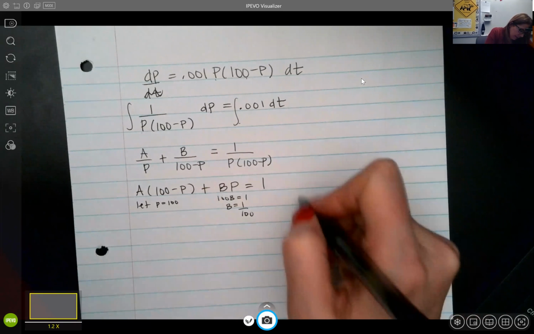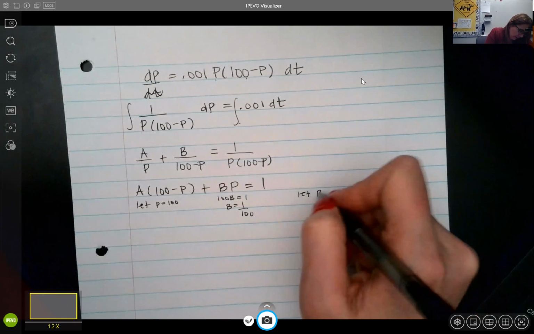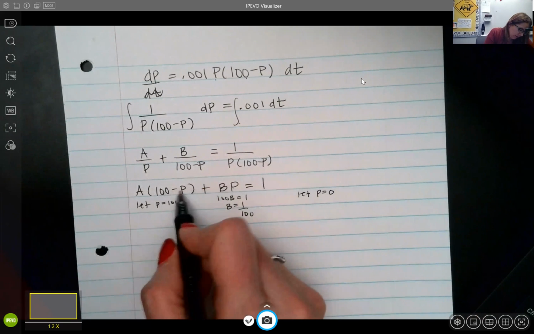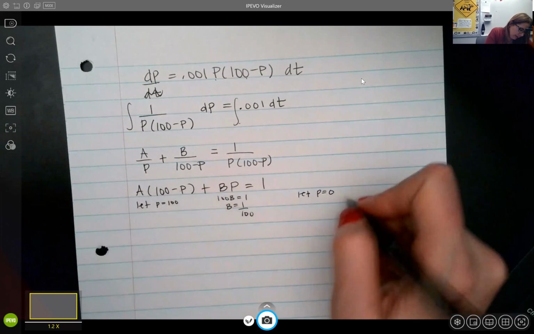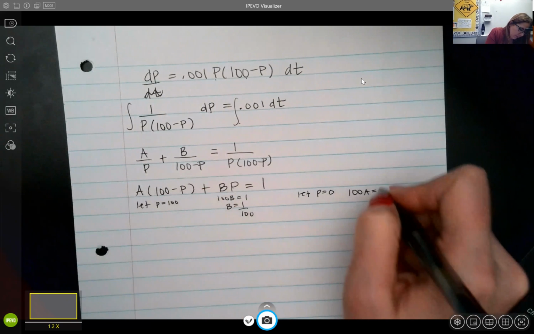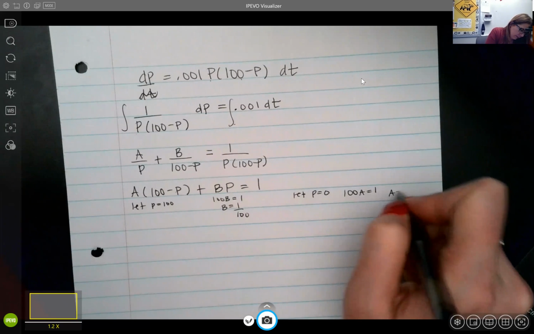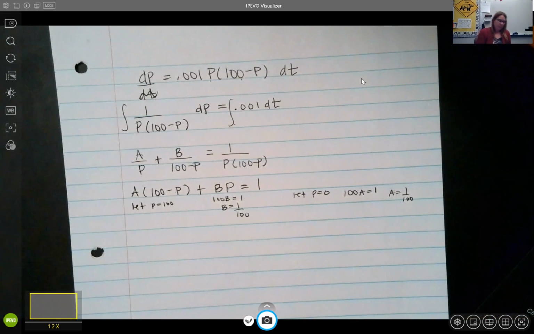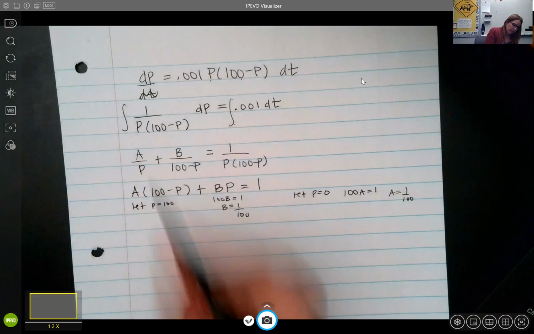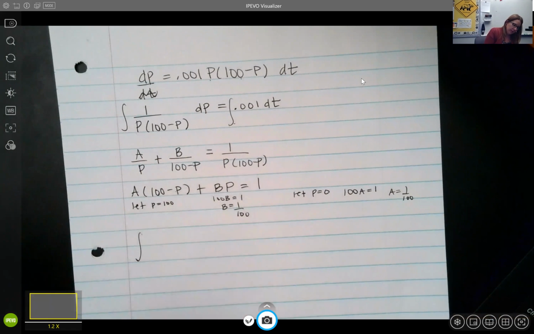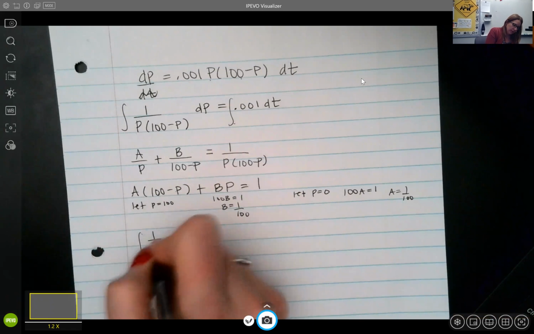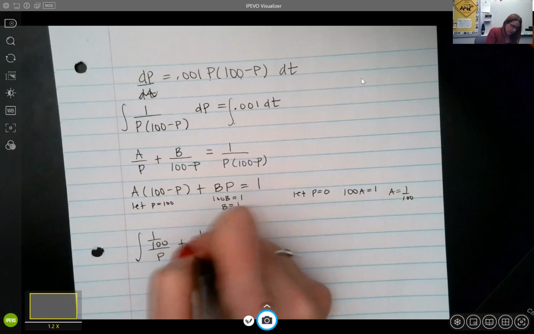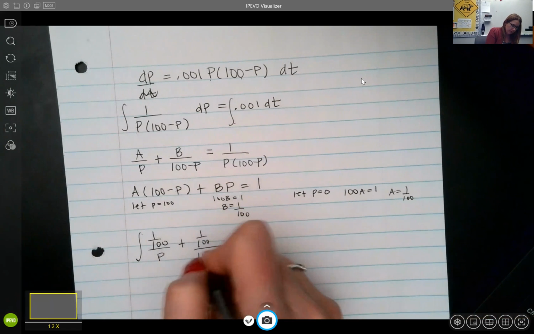Let's do the same thing for the other one and let P equal 0 so that this one cancels out. Now I have 100A equals 1, and A equals 1 over 100. So we know what A and B are, and I can go back into my integral and write it as (1 over 100) divided by P plus (1 over 100) divided by (100 minus P).